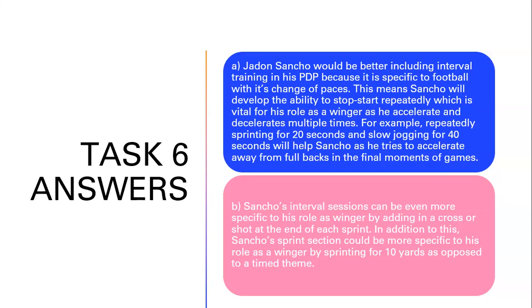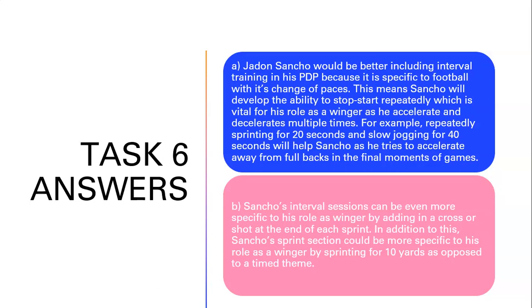This is an excellent point to make, and it answers the question of why one approach is more effective than another. In this case, interval training is specific to the sport of football with its variety of different paces. The evidence given in point 2 is also very clear and shows a great and clear effect.